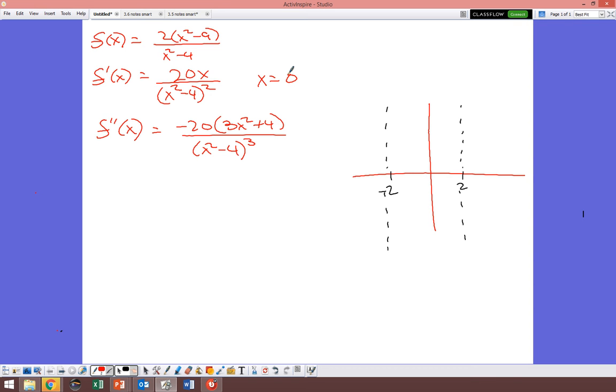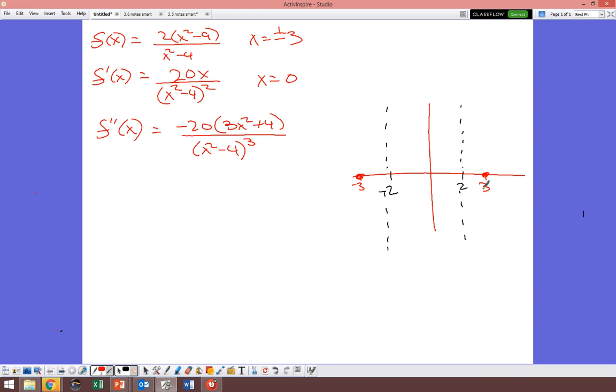Throw out the bottom, set the top equal to 0. X equals plus or minus 3. So it's going to cross the x-axis at plus or minus 3. So now I'm going to have a point here at 3, and a point here at negative 3. Okay, so now let's take a look.